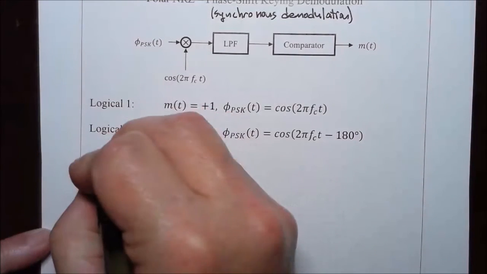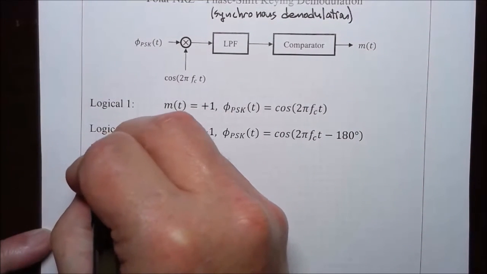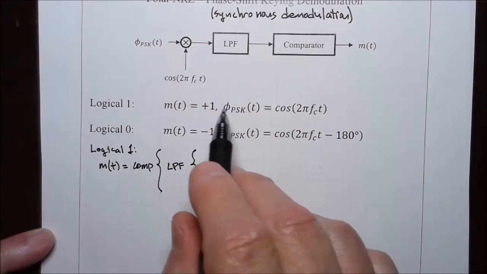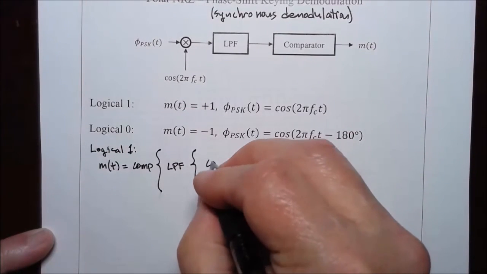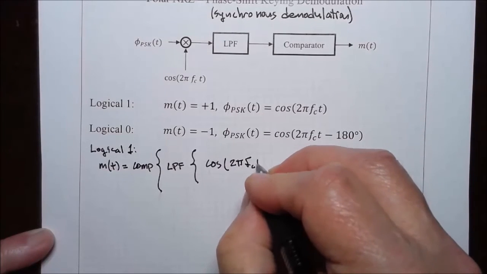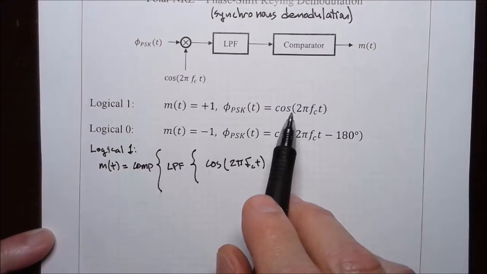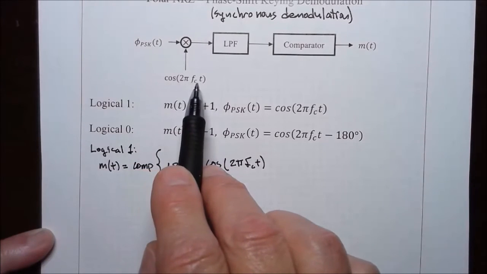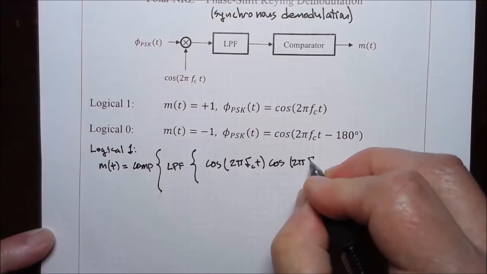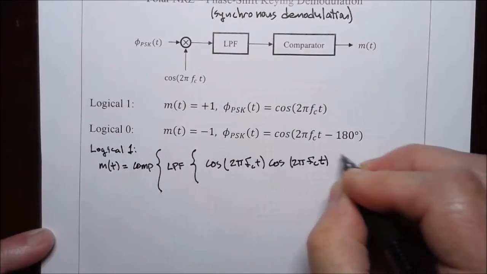So let's start with a logical 1. We have the phase shift keyed signal cosine 2 pi fct times the replica of the carrier, cosine 2 pi fct.